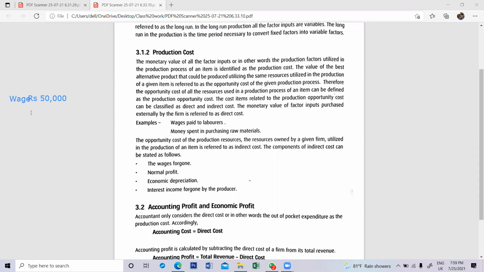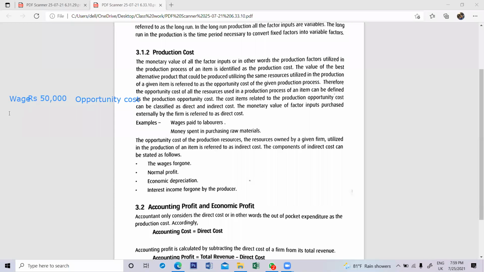Later on, he thought to be an entrepreneur instead of an employee. Then he decided to leave the job. If he sacrifices the job, necessarily 50,000 is forgone. As we studied, the term opportunity cost.